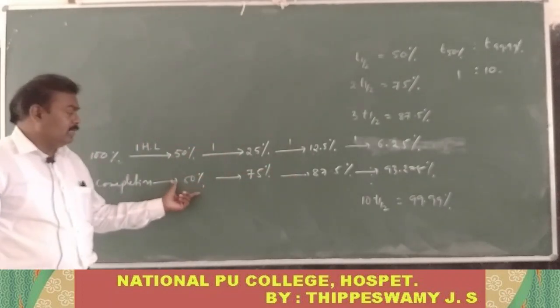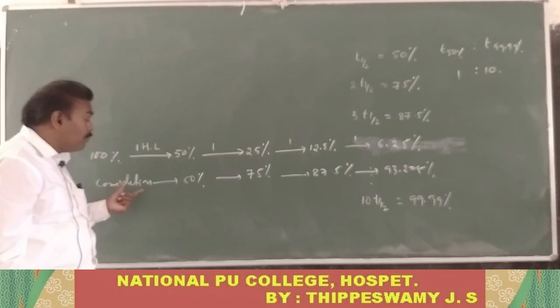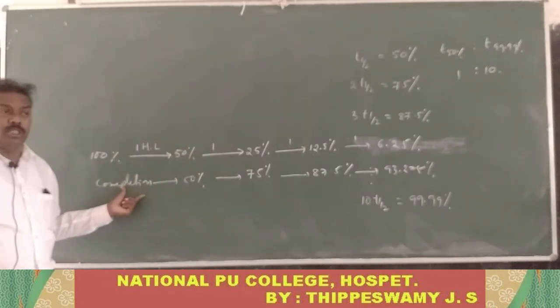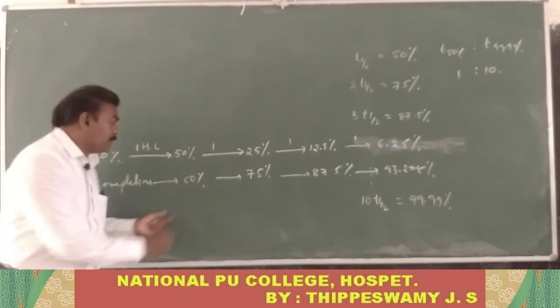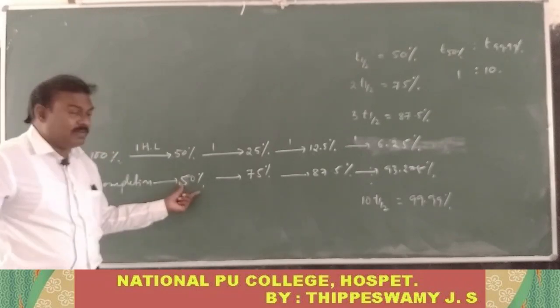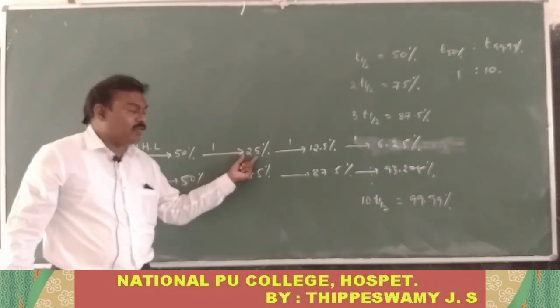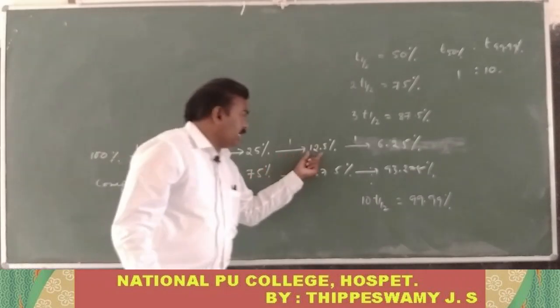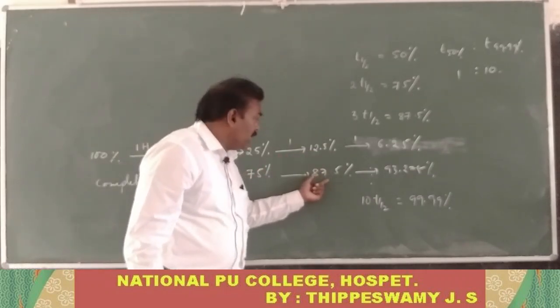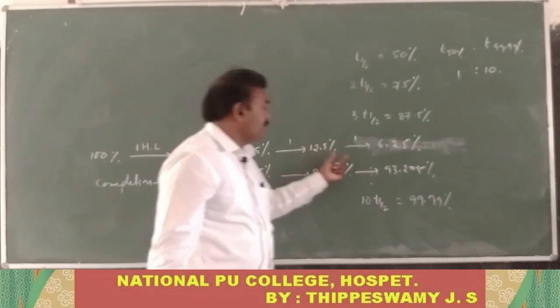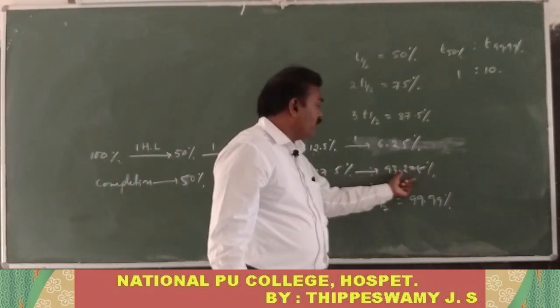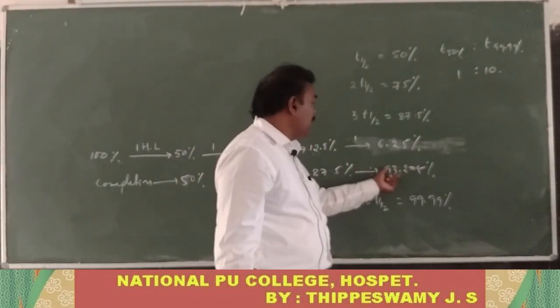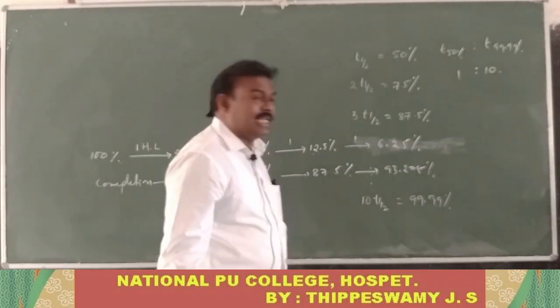This is remaining, means how much completion? This is remaining and it is completion. Here 50% completed. From here to here, again 25% is remaining, but 75% completed. Here 87.5% completed, but 12.5% remaining. Here 93.75% completed and 6.25% remaining.